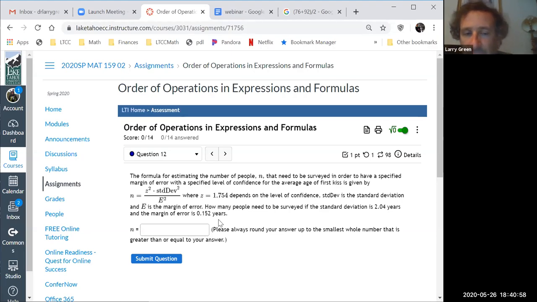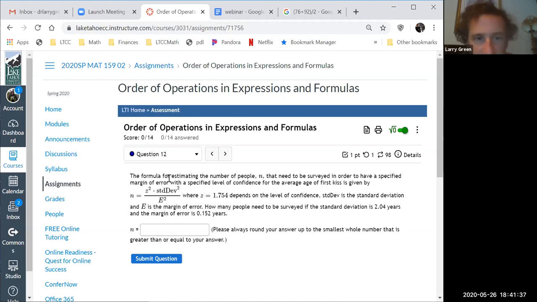Okay, so the first thing we need to do, I will write something down and then put it in our, because the numbers are kind of messy. So we have 1.754 squared times STD squared over, oh, interesting.